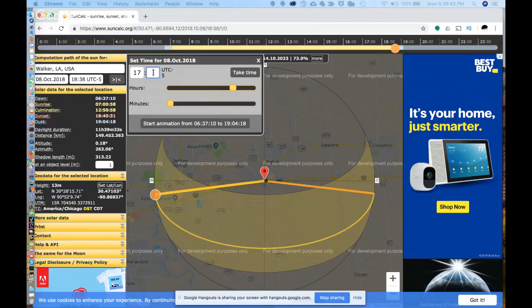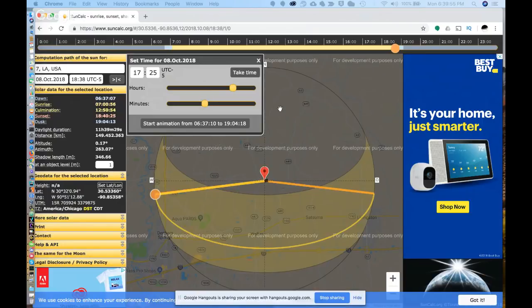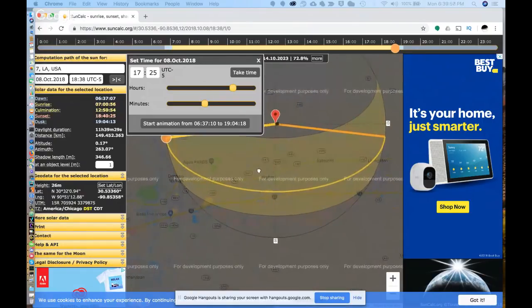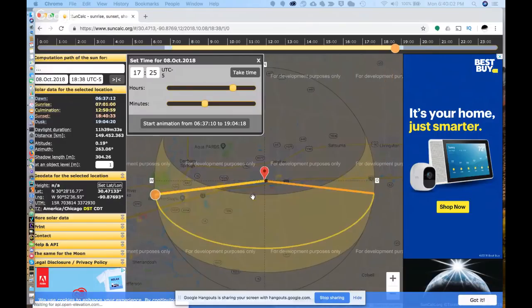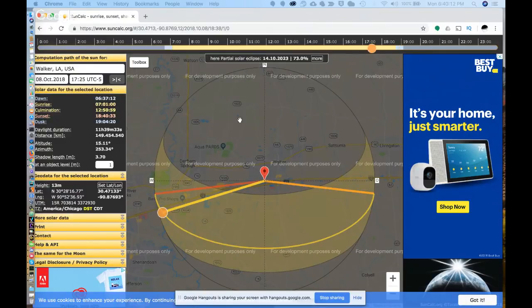Oh, that's so bizarre. 1725. I moved my location again. About right here. It's good enough. I've still got some take time. There we go. Okay.